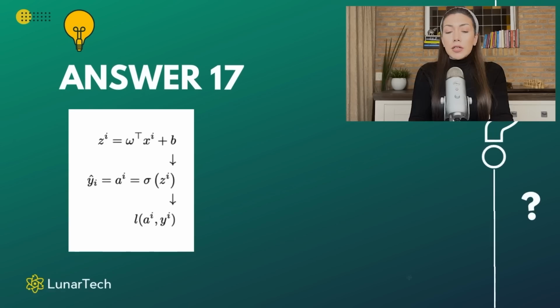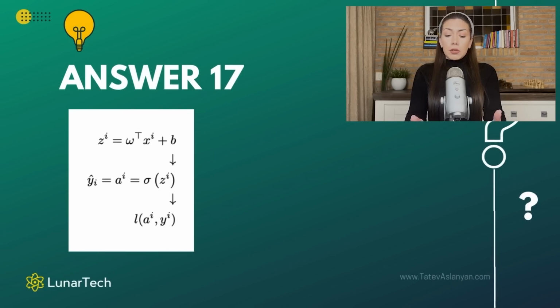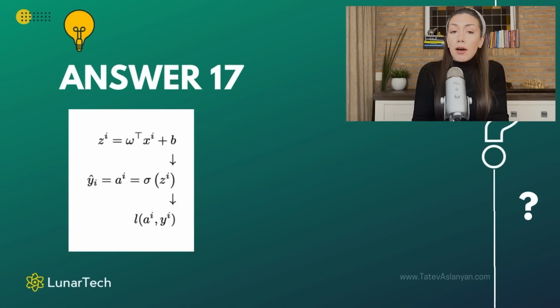What we are doing here is that we are computing the z-scores, and then after the z-scores, we are applying this sigma function, which is the activation function. And then after the activation function is applied on the z-scores, we get the activation scores, and then use these activation scores to compute our yi hat.